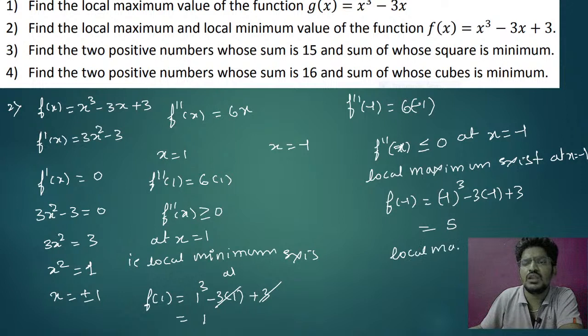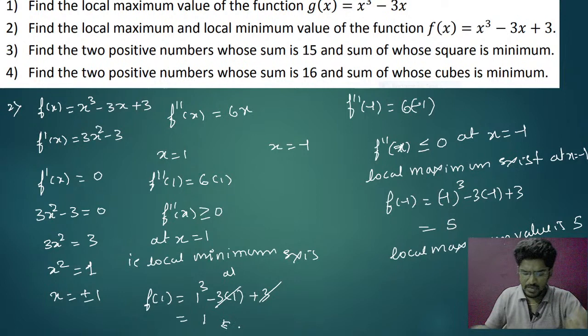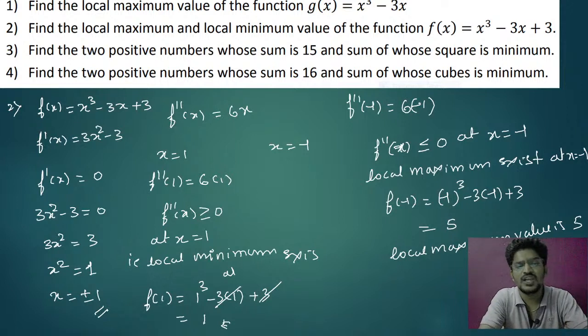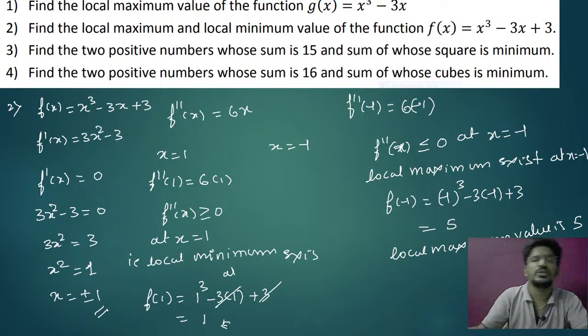Therefore, local maximum value is 5 and local minimum value is 1. Clear? So here the roots are going to be the same as for the previous problem, but the local maximum and local minimum are going to change because of this plus 3.